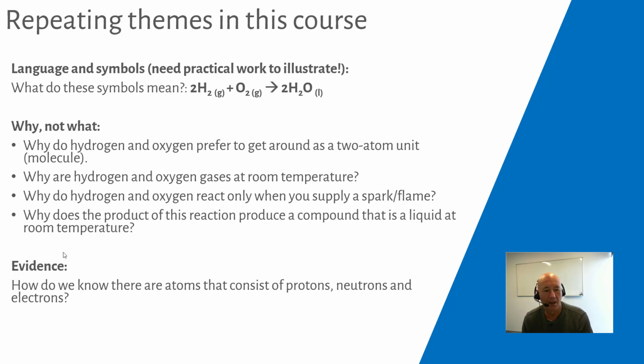The last theme, which is important, and this ties in with this why not what theme, is that where I can, I will be giving you evidence for why we think that particular things are going on. For example, that again, that atoms have protons, neutrons, and electrons. There is a reason for this, right? And that is based on evidence.